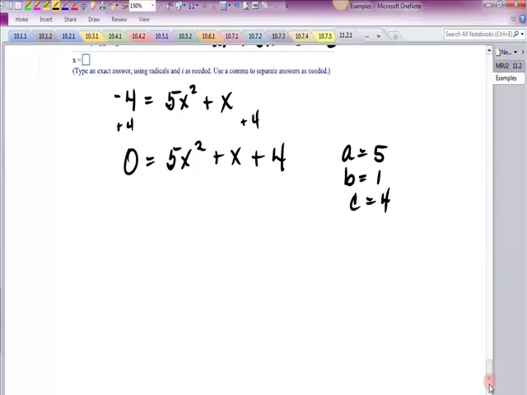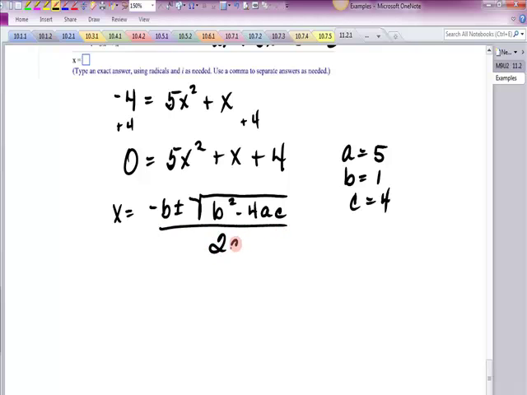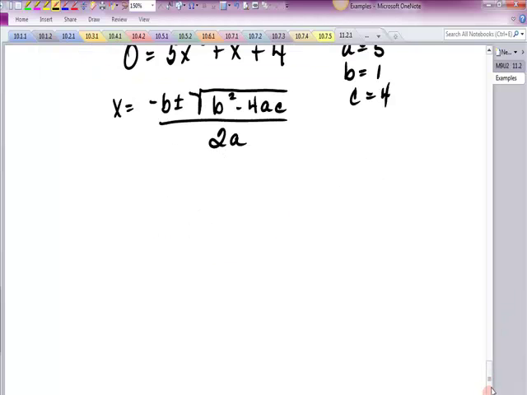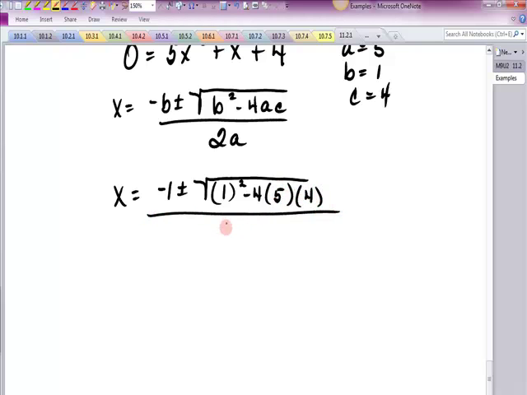And now let's use the formula. X is equal to negative b plus or minus the square root of b squared minus 4ac all over 2a. So x is equal to negative 1 plus or minus the square root of 1 squared minus 4 times 5 times 4 all over 2 times 5.